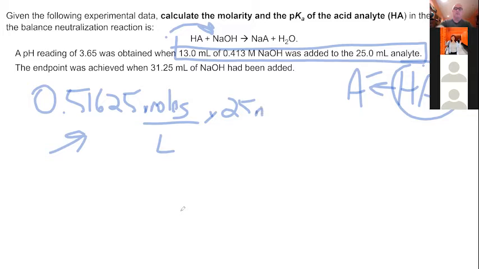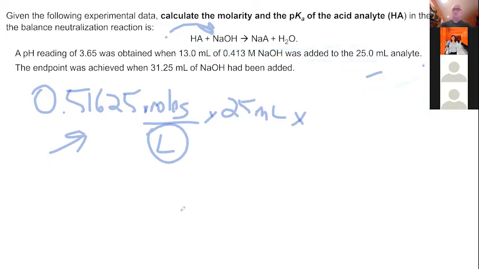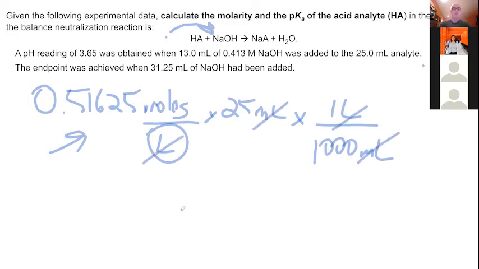And we can either convert it here or somewhere else. But we want to convert mL to liters because this is in liters. So now we actually do have to convert milliliters to liters. Times 1 liter over 1,000 mL, cancel out milliliters, cancel out liters, and we're left with moles.